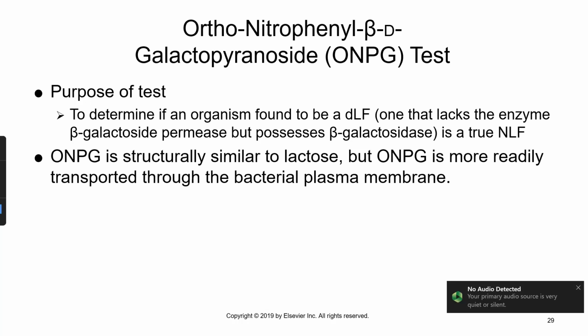The purpose of this test is to determine if an organism is a DLF, or a delayed lactose fermenter, one that lacks the enzyme beta-galactoside permease but possesses beta-galactosidase, and is a true NLF.